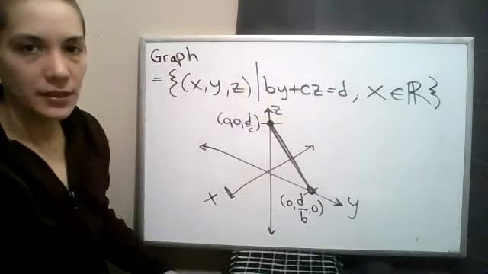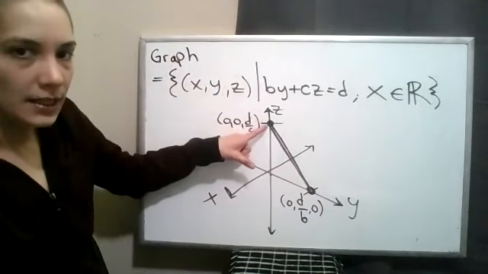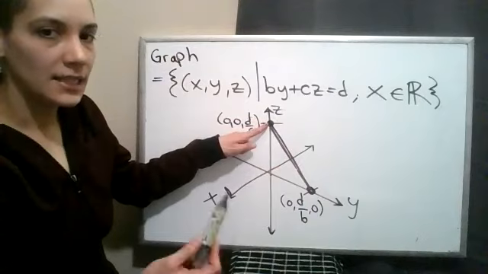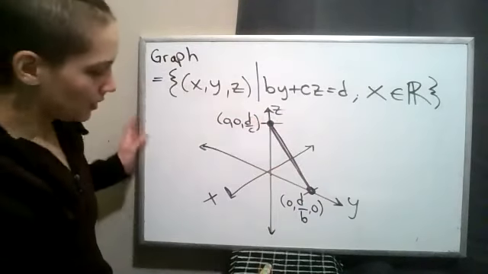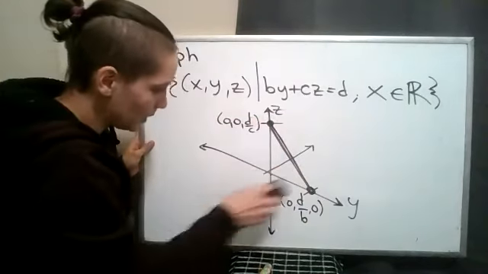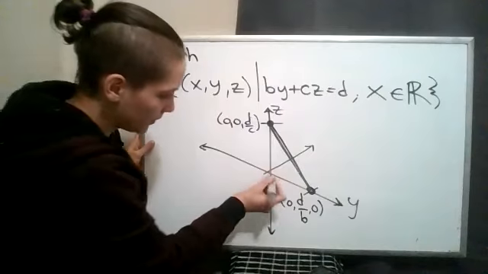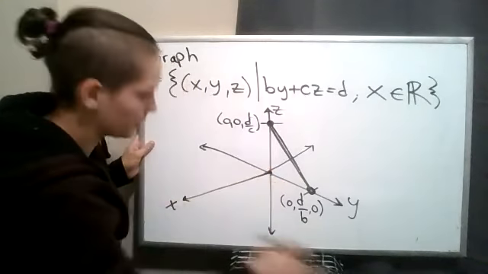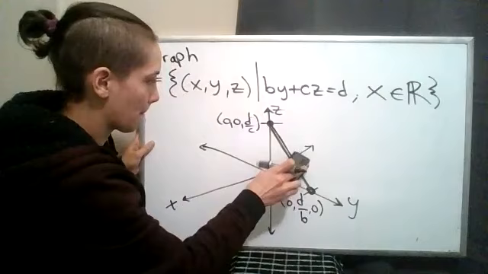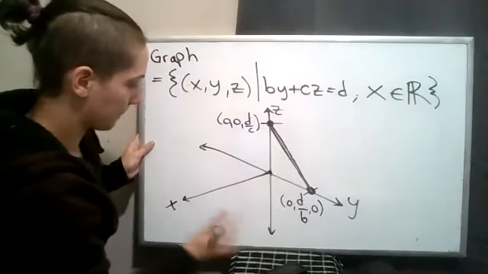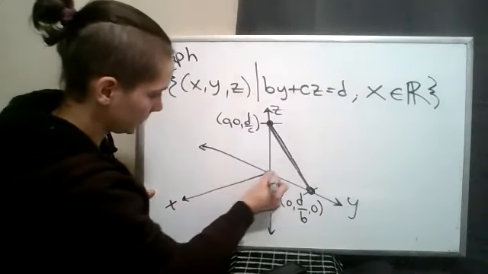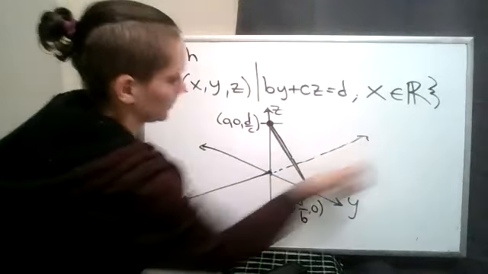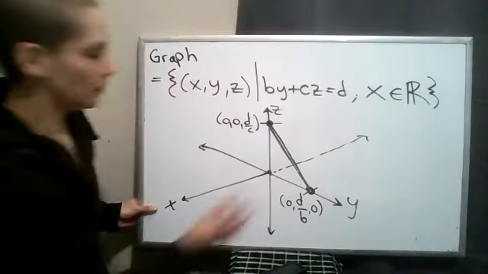And let's use the intercepts. Let's go up here. At this intercept, x is any number, which I'm going to fix my x-axis a little bit. Pretty straight.